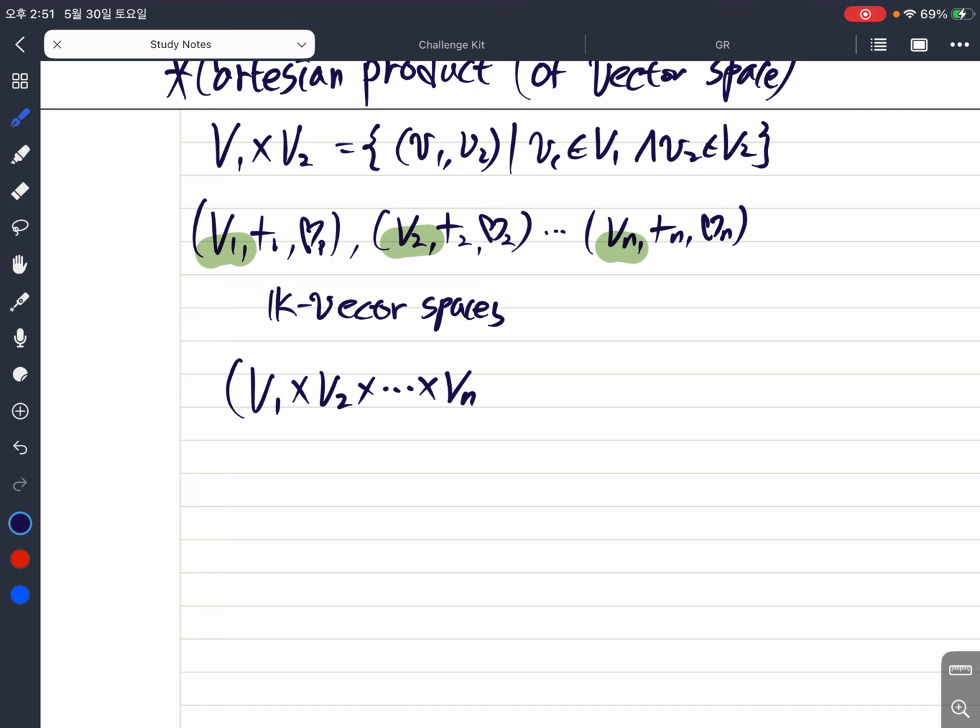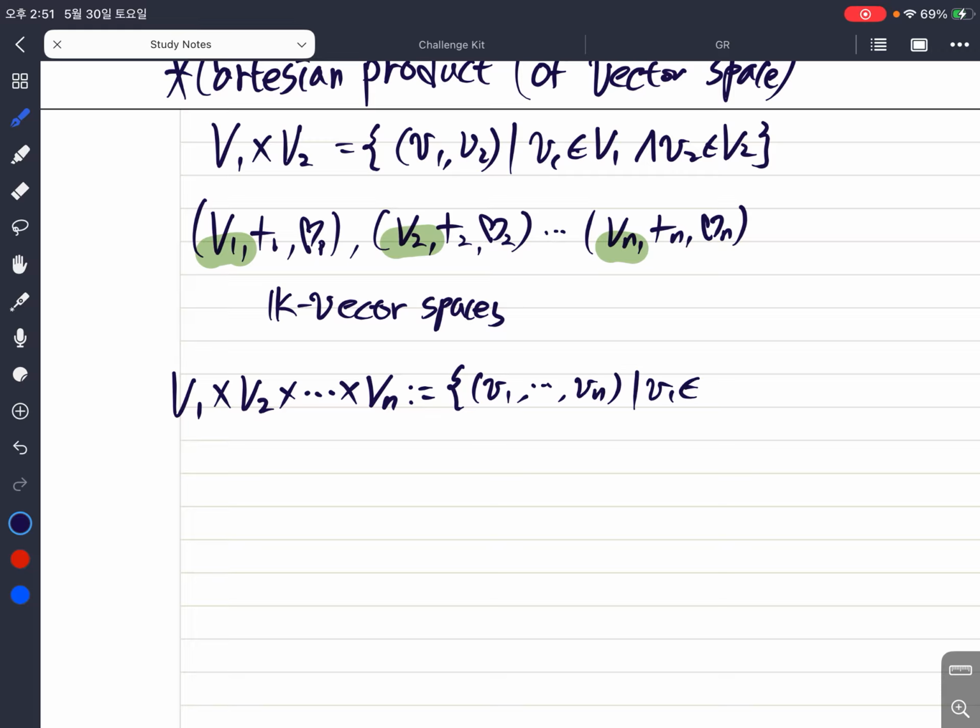What is it? It is the set of ordered tuples (v1, ..., vn) where v1 is in V1, and finally vn is in Vn. So we are just making a long list, an ordered tuple. It is simple. I think you know what it is.